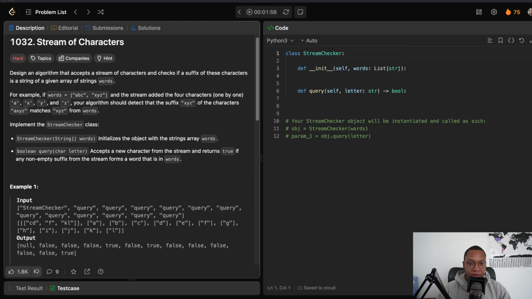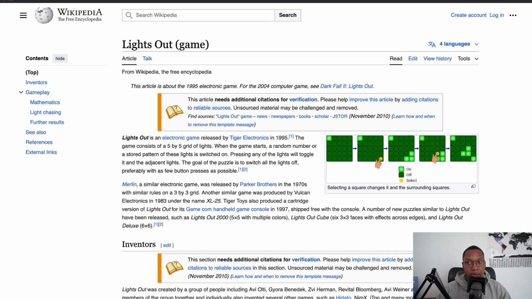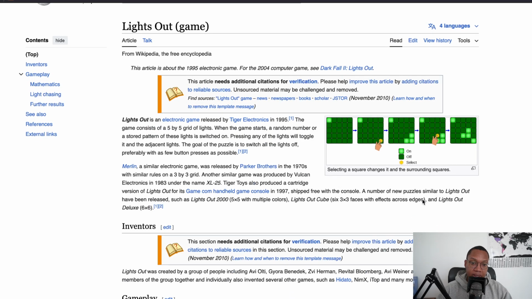Oh, you said look for the Wikipedia page for Lights Out. I think one of my old coworkers coded this. He made a website for it.